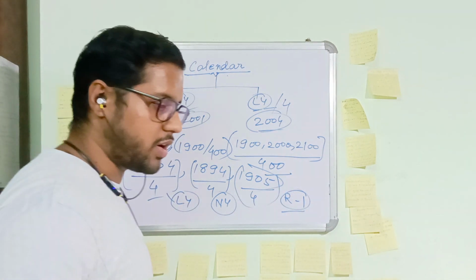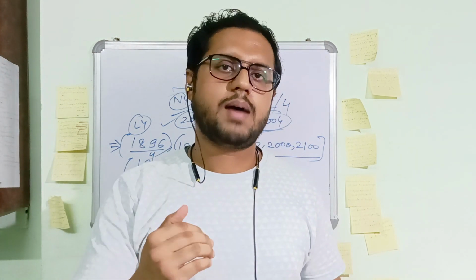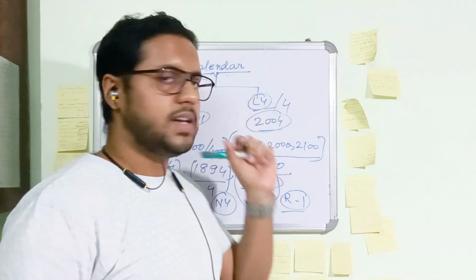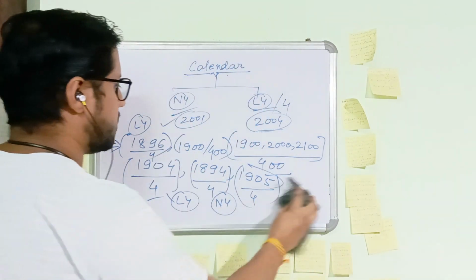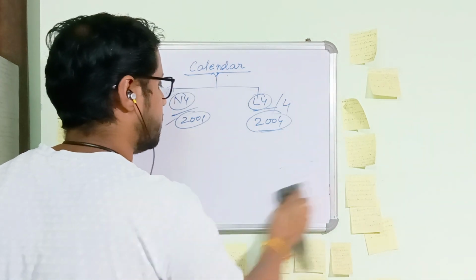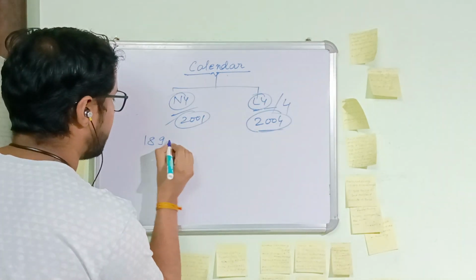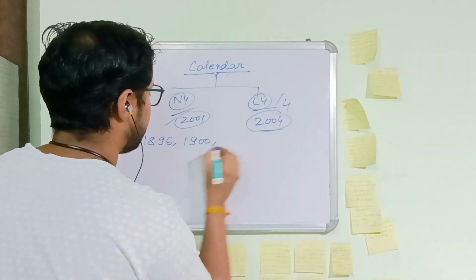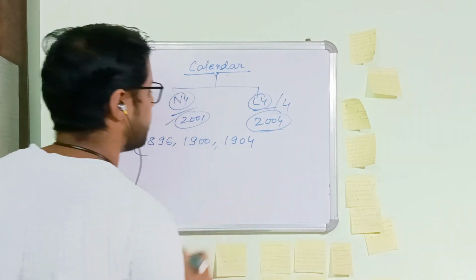But there is an exception. What I told you is that a leap year repeats after 4 years. But here there is an exception: 1896, 1900 and 1904.